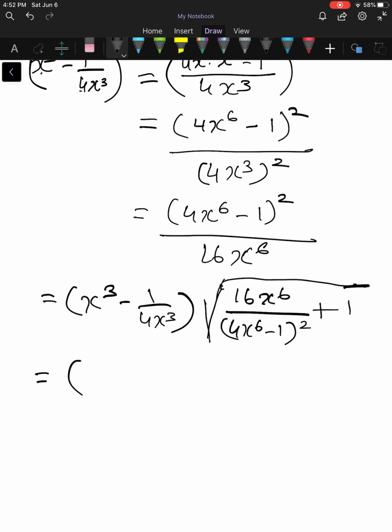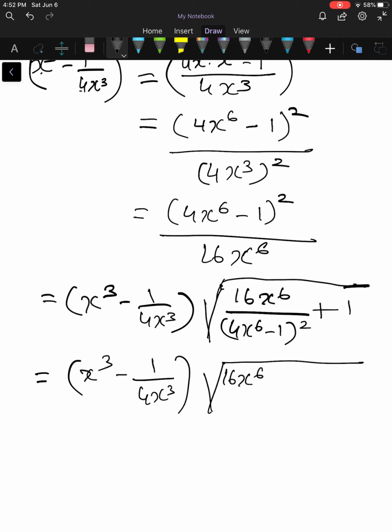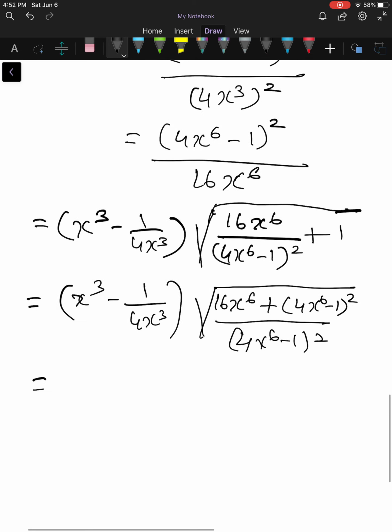Now again take the LCM of the expression that is there inside the square roots. (x³ - 1/(4x³)) times square root of 16x⁶ plus, so what is the LCM? That is (4x⁶ - 1)². So you will get the other term to be (4x⁶ - 1)².